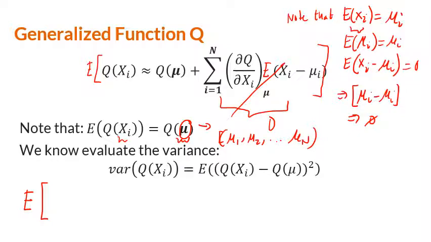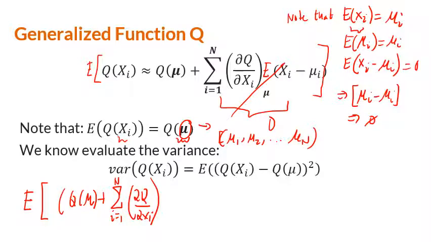So this is equivalent to Q of mu plus the summation of i from 1 to n of partial of Q with respect to x i evaluated at mu, yung vector mu, x i minus mu i, minus Q of mu, this whole thing squared.